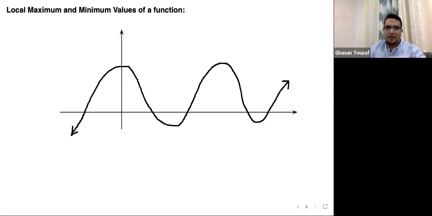Now the function, like I said before, changes from increasing to decreasing: going up to this point, then going down, stopping at this point, then going up again to this point, then going down again and up.